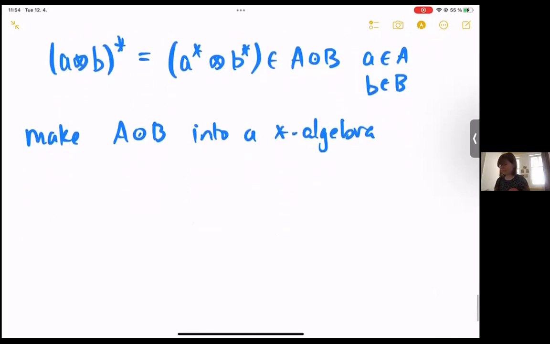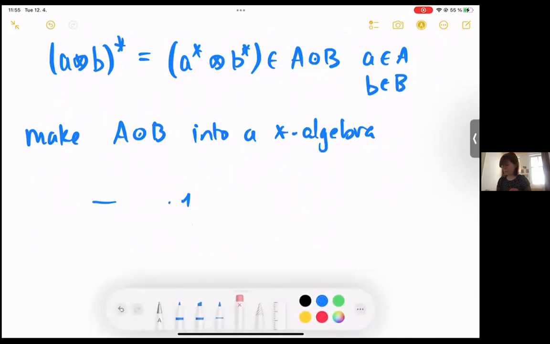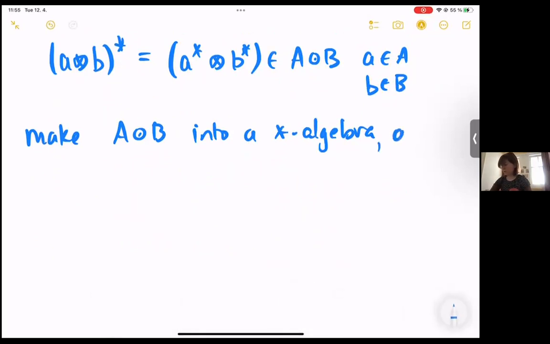But for example, if B happens to be unital, then we can always map A to A tensor 1_B, and these will extend the operations in the obvious way. So I'll just write that these are unique in a suitable sense.